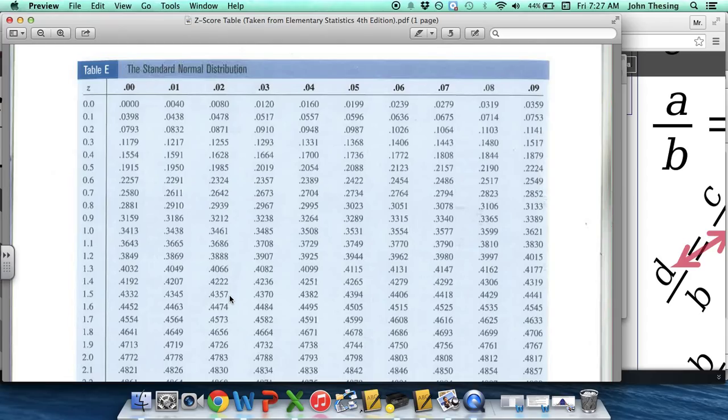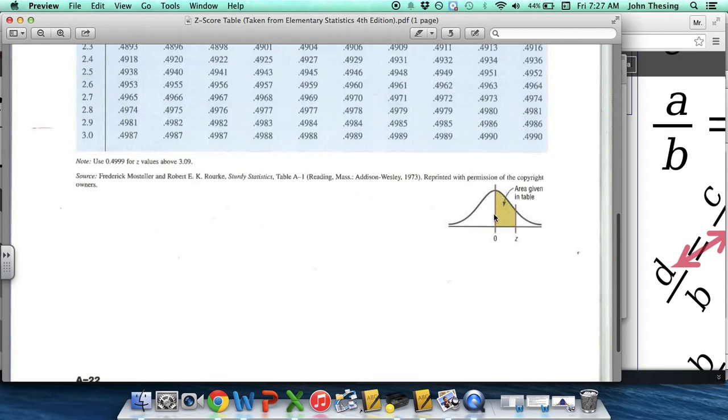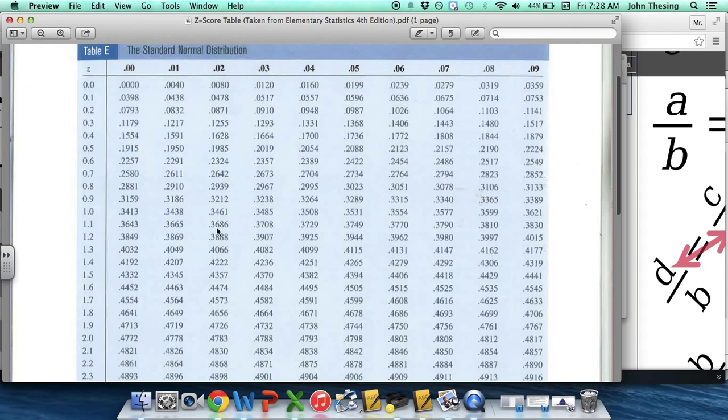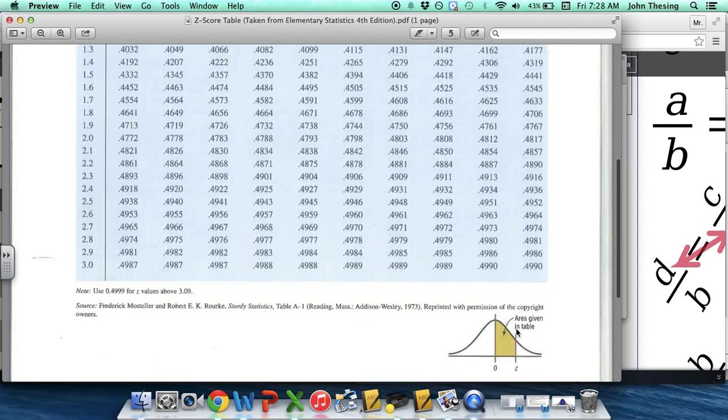What that means is that 43.57% of your data falls between the mean and a z-score of 1.52. So if you were 1.52 standard deviations away, that means 43.57% of your data falls in that range.